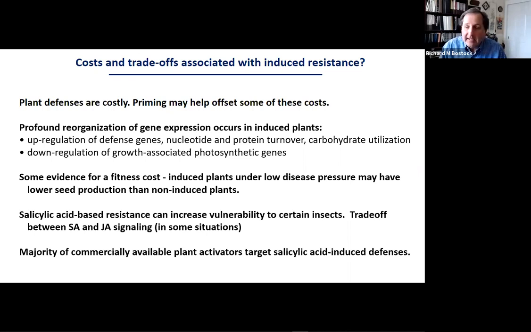And then finally, the majority of the commercially available plant activators seem to target the salicylic acid induced defenses, although we're learning more and more about these things. As time will tell, hopefully we'll see something like chitosan where both pathways are induced. And I'll leave it there.